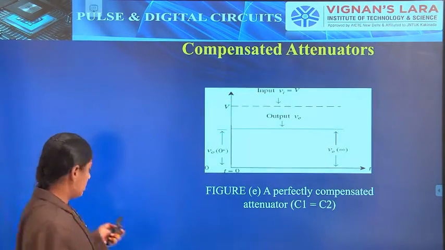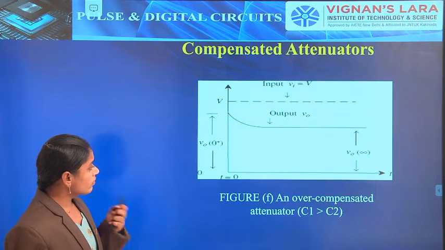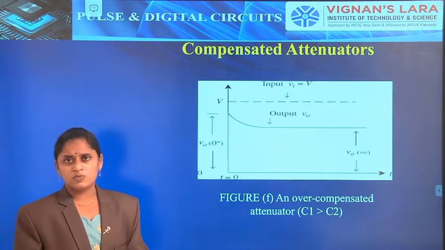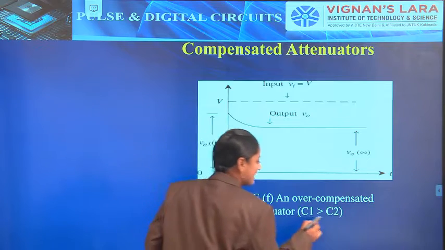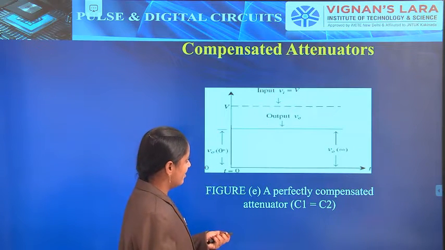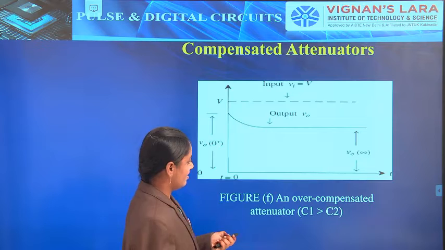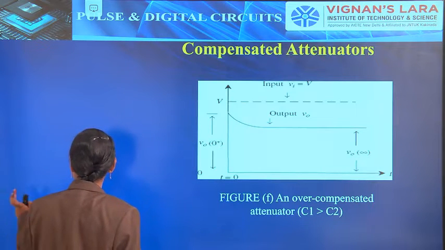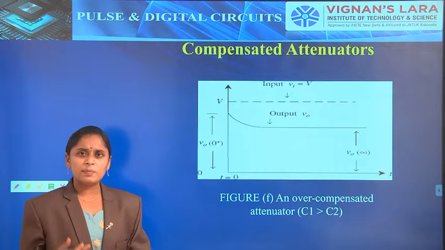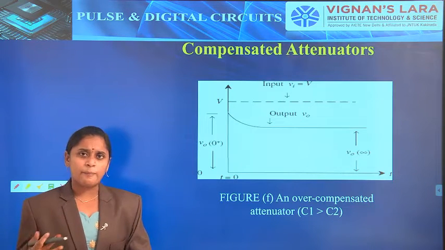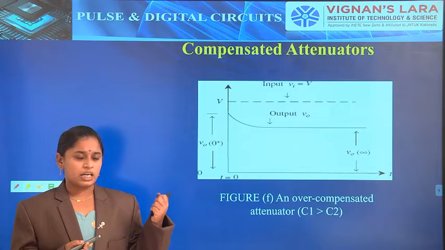Next, overcompensation. What is meant by overcompensation? That is C1 greater than C2. At C1 greater than C2, it generates the overcompensation output.